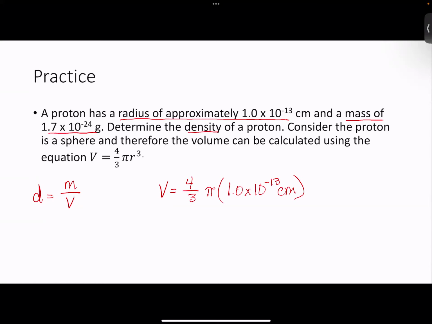So 4 divided by 3 times pi times that cubed. Meaning that the volume is equal to 4.189 times 10 to the minus 39 centimeters cubed.